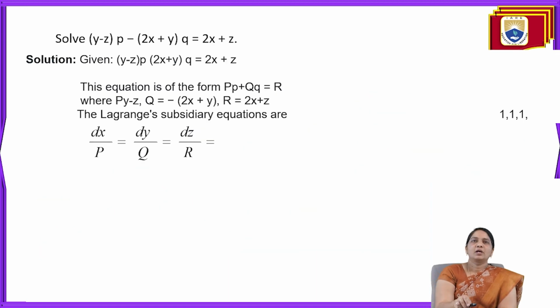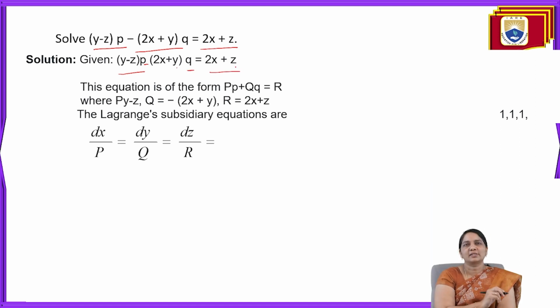Solve (y minus z) into p minus (2x plus y) into q equal to 2x plus z. So now I am going to write the given equation: (y minus z) p minus (2x plus y) q equal to 2x plus z.